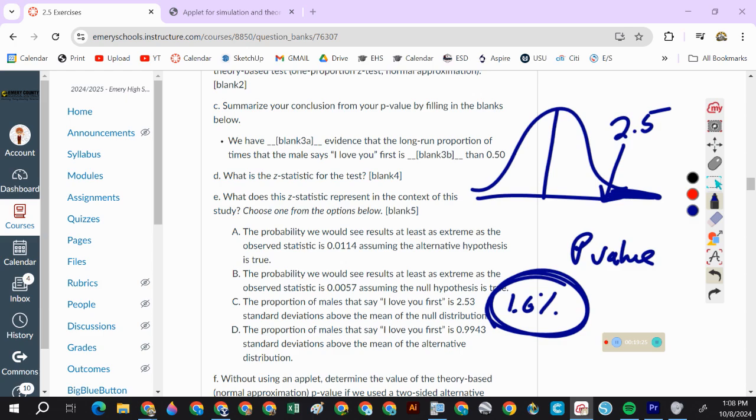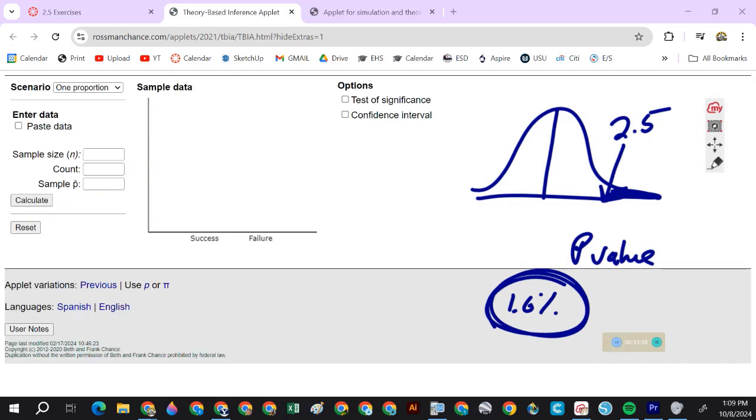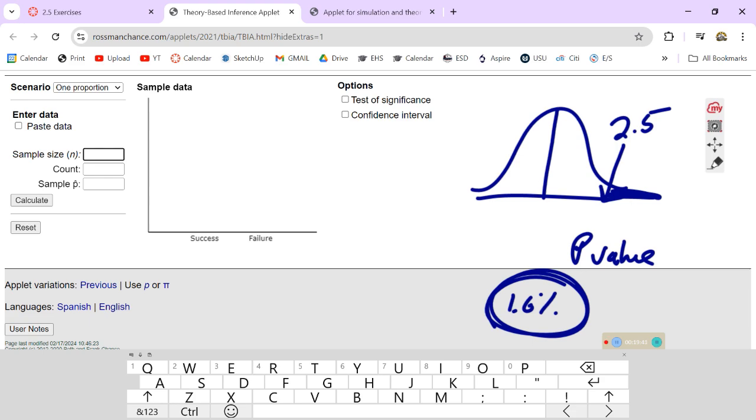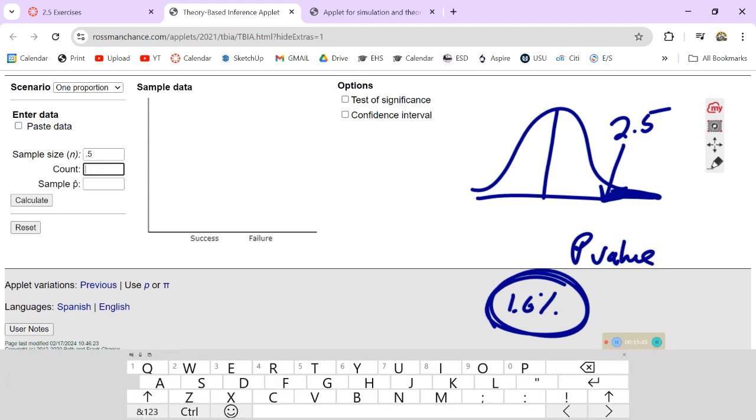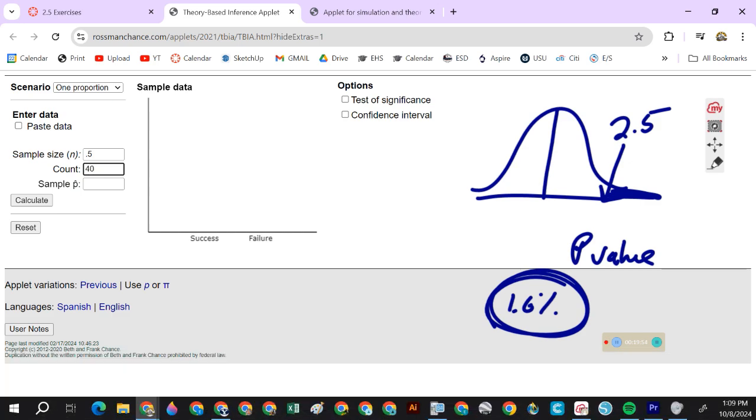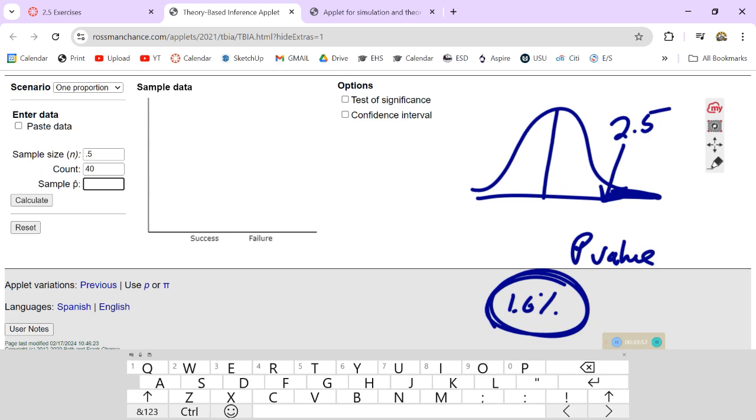So, how are they calculating the p-value? I'm interested in that. Here's this new app. How nice is that? All right, so 0.5, and my count is 40, and my sample p hat, does this want percentage or does it want count?